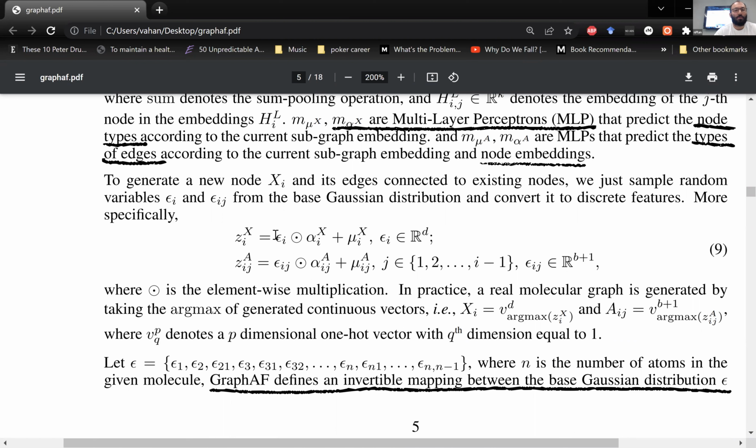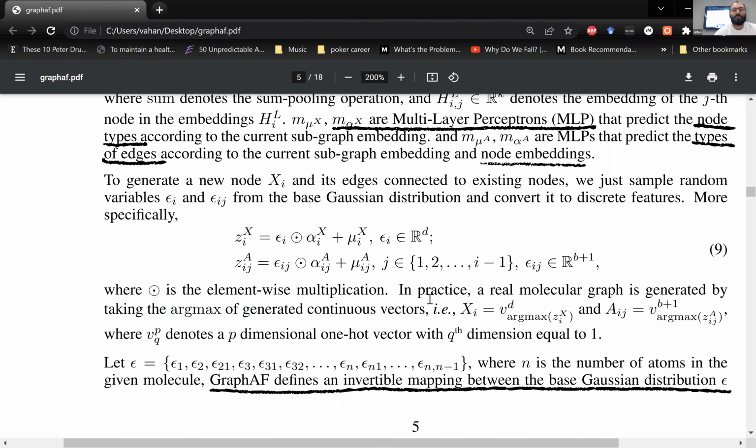So epsilon is a sample from a zero-one Gaussian, and then this is just to scale it accordingly. I mean equations 9, they're just to sample from the Gaussian, but in a differentiable way, instead of sampling using mu and alpha.